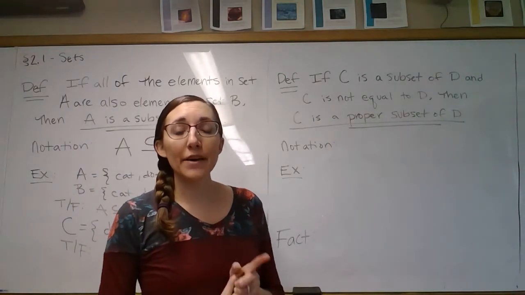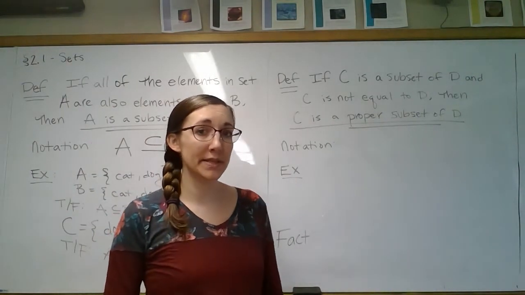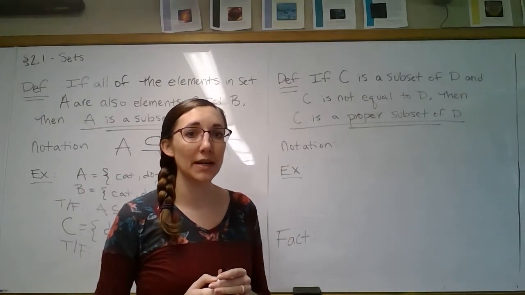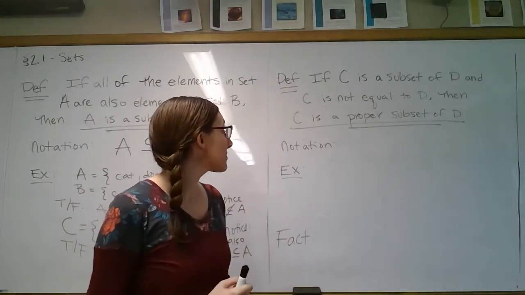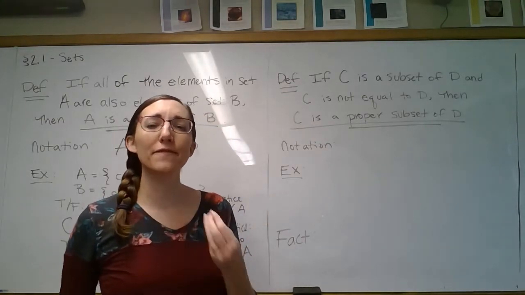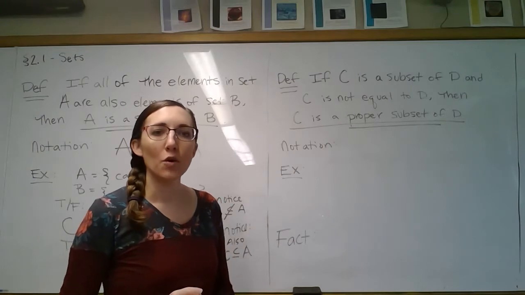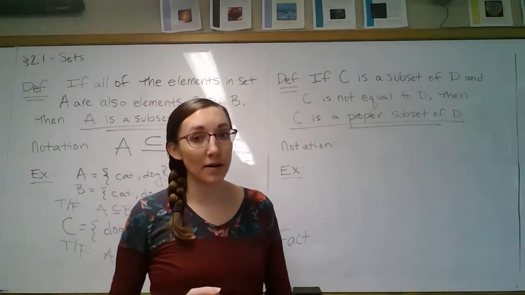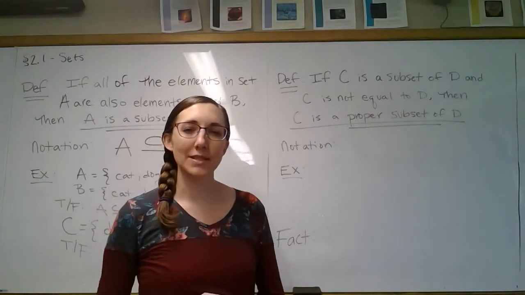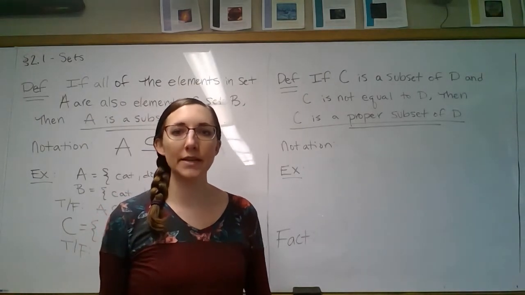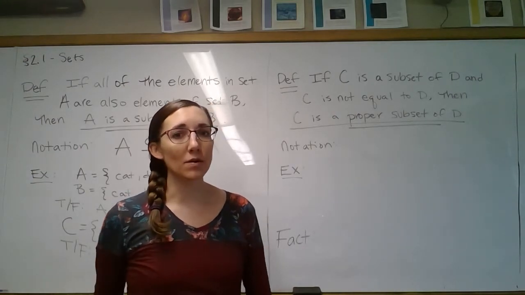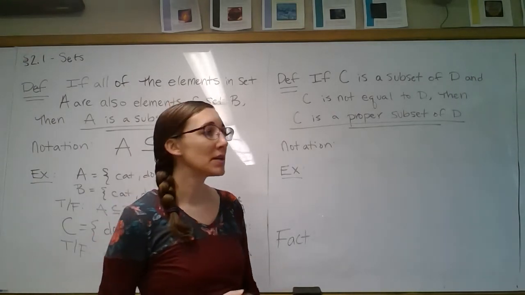It says if C is a subset of D, so you have to satisfy the definition of being a subset, and C is not equal to D, so it has a further restriction, we call that a special type of subset, a proper subset. So it satisfies that extra condition, that extra restriction of not being equal, and gets to be called a proper subset.